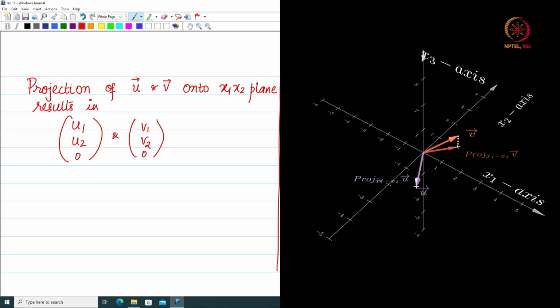Now we already know that we have taken u and v to be linearly independent vectors, they are in two different directions. This projection is also going to result in two vectors which are in the x1 x2 plane, which are linearly independent.